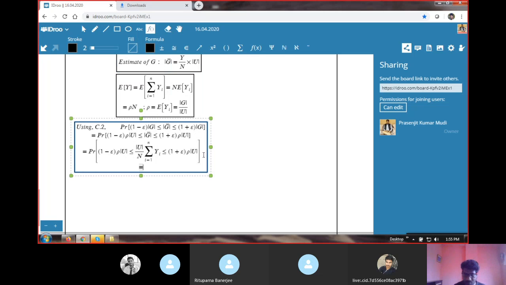So in the next line you can write that mod u gets cancelled out, and we can multiply the inequality by n, and we come up to this result.